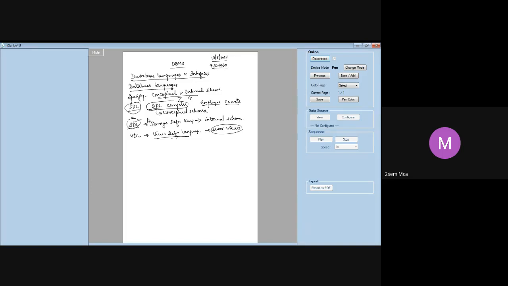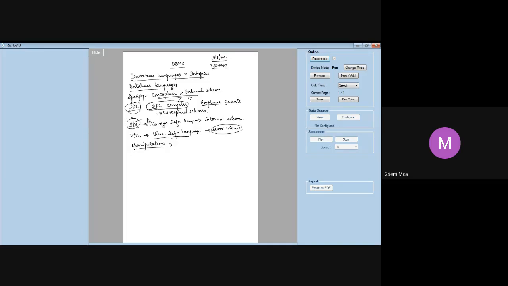Now, once the database schema is compiled and the database is populated with data, that means your schema is ready. You have implemented the schema. You have put data into your tables. Everything is ready. Next is what? Next you want to do some kind of manipulations, right?